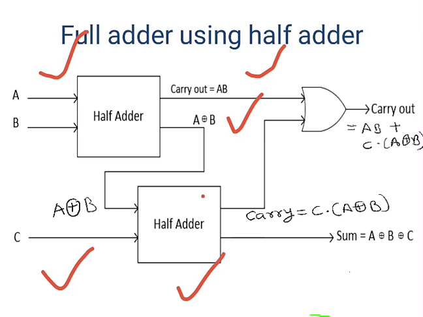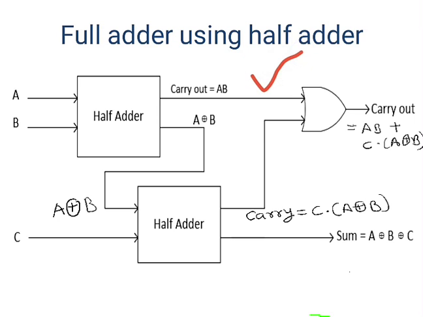So you will get the carry of the first adder as AB, and the carry of the second adder is C and A XOR B. Why? Because the input to the half adder is A XOR B and C, and the half adder ANDs the inputs for the carry. So carry is C and A XOR B.